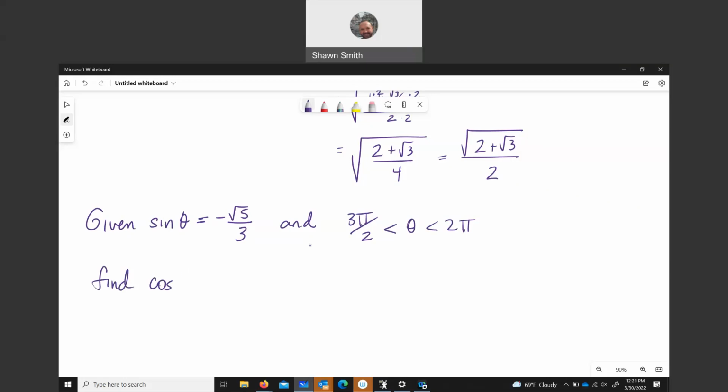Find the sine of theta over 2, I don't know why I said cosine first, and tangent of theta over 2. So cosine, sine, and tangent of theta over 2.